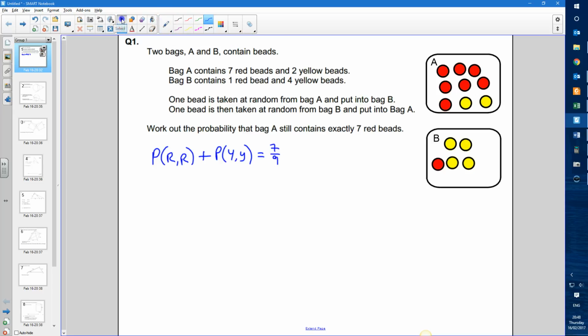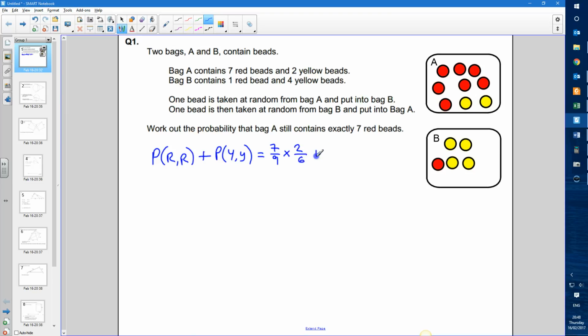Once the red has moved over here, I've now got 6 beads in bag B, and 2 of those are red. So I've got a 2 in 6 chance, or 2/6 probability, to pick a red from bag B. So it's going to be red and red, 7/9 times 2/6.